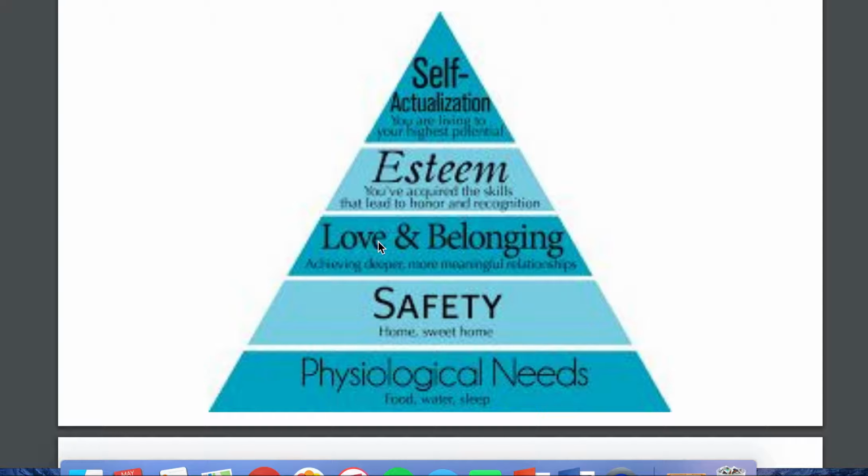And then further up here, love and belonging, esteem, and self-actualization. I know it's a little blurry on here, but love and belonging, so if you don't feel safe where you are, or feeling steady and having a place to live, then finding friends and being in a relationship is going to be really difficult. And same thing here with esteem. Esteem is maybe where you might put performing well in school or performing well on tests.